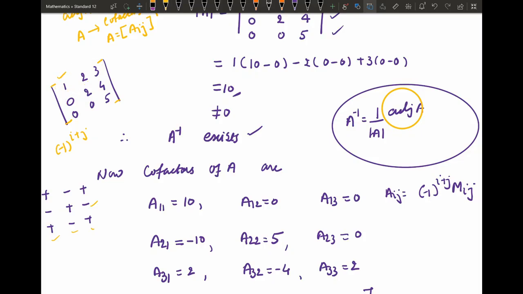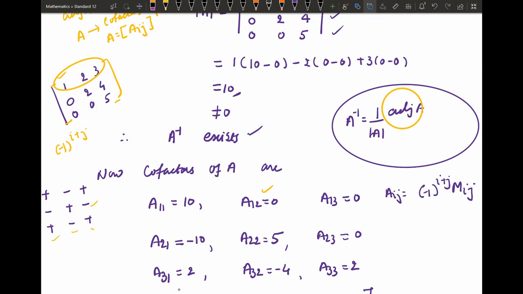A12 is the cofactor of 2. So again you leave the column and row in which that entry lies. Remaining will form a 2 by 2 determinant 0 4 0 5, value is 0, so A12 is 0.